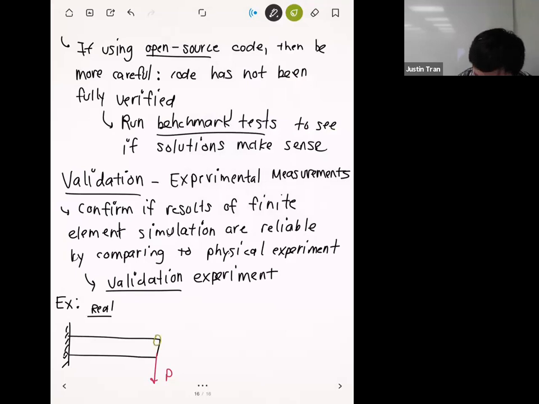Okay. So let's say that we measure the deformation here. And let's say that on this part of the beam, we're going to put a force meter. And so we're going to measure the stress here.